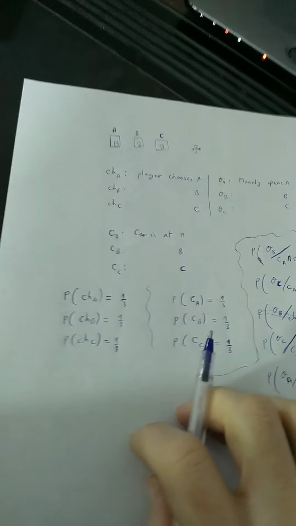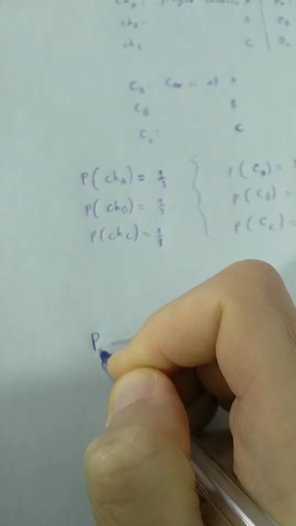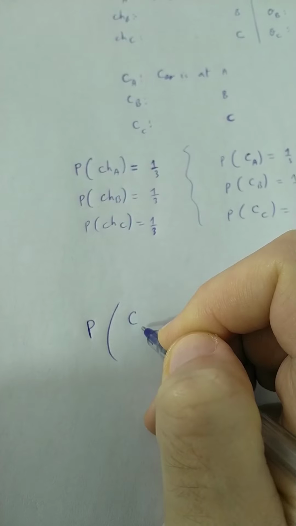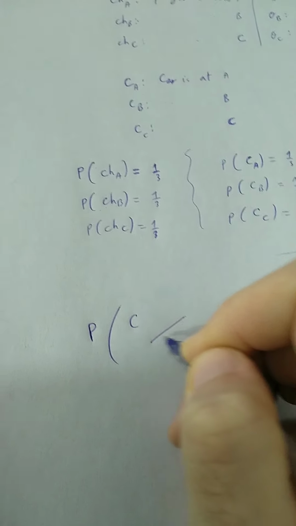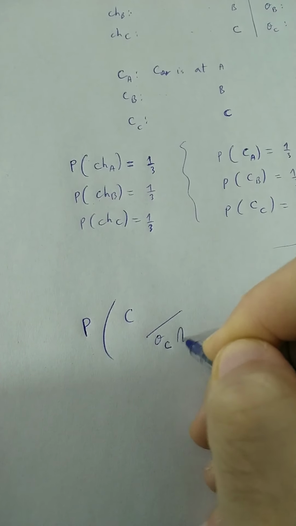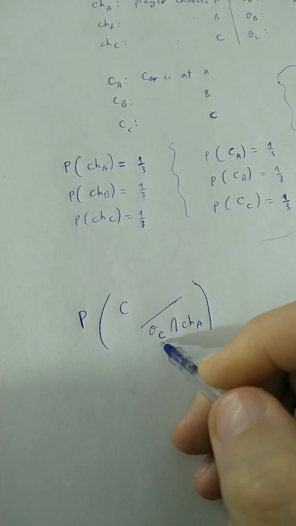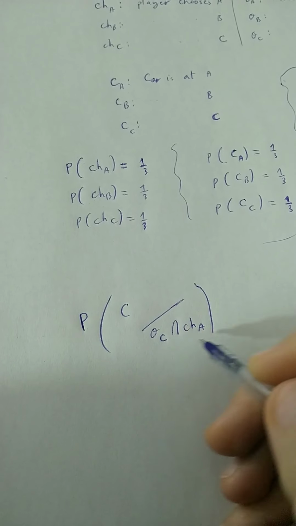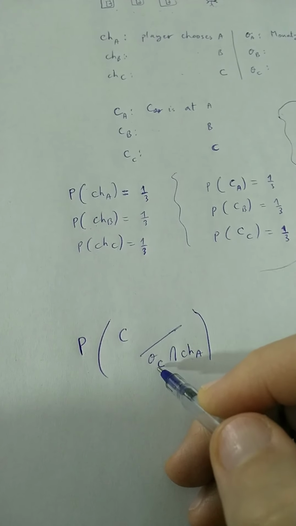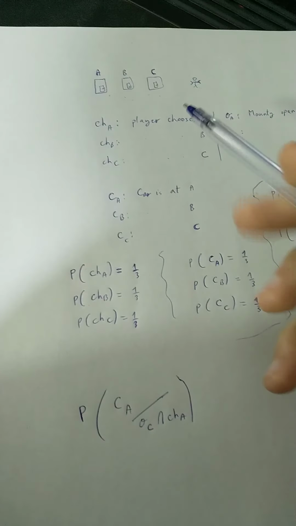But what do we need to prove? What we need to prove is the probability that the car is at A, for example, taking the case that Monty opens C and you've chosen A. The player chooses A, Monty opens C, and this is the probability that the car is at A. Let us think about it a little.